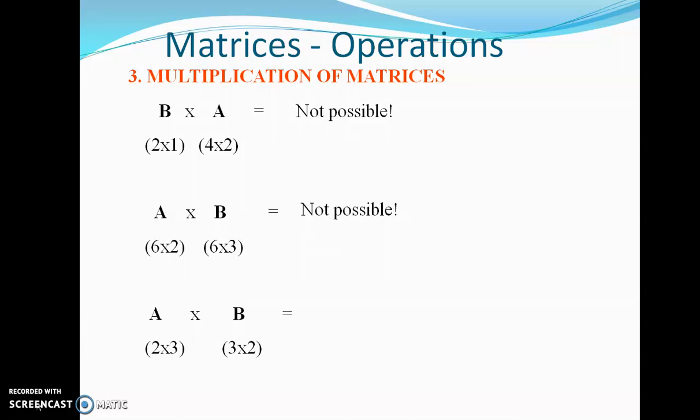In the third case, the number of columns in A and the number of rows in B are equal, and therefore the matrix multiplication is possible, and the resultant matrix C is with dimension 2 by 2.